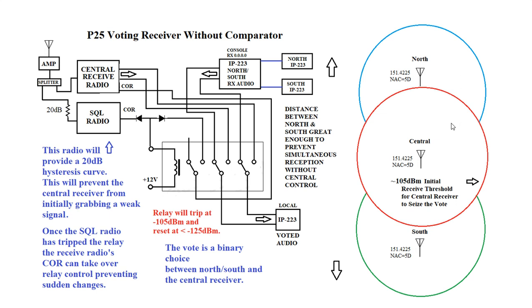But it would be impossible for it to not also be heard by the central site at a strong signal that would essentially intercept that and take over. So the default state is, if you're a mobile user up in the north end here and you key up, you're going to come in here. You're going to be below the threshold of the central one, and I'll go over how that works in a second.